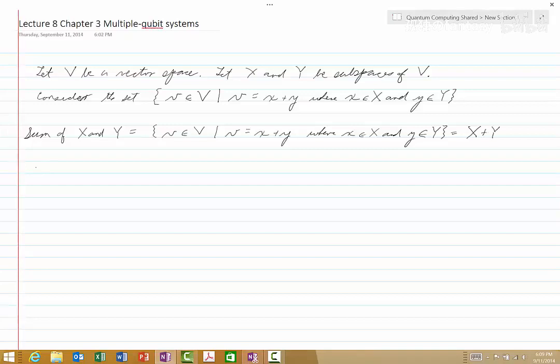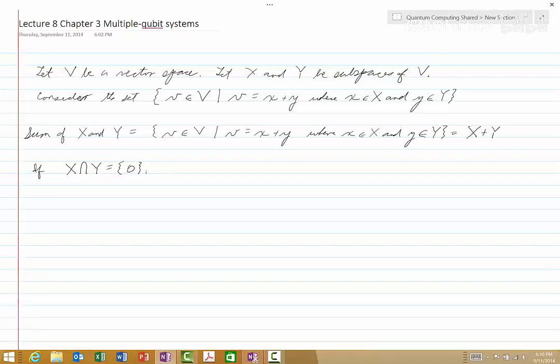Now, what about the direct sum? If the intersection of X and Y consists only of the zero vector, remember that every subspace has to have the zero vector. You can see that easily from considering closure under scalar multiplication.